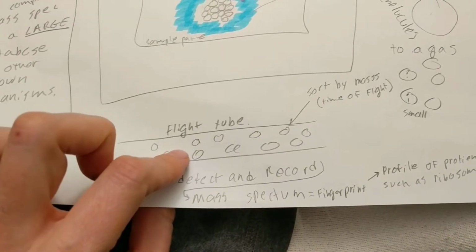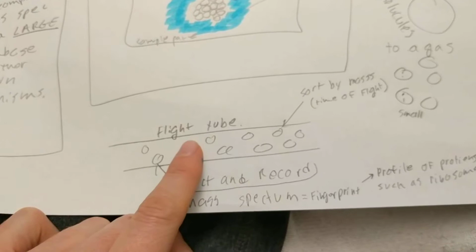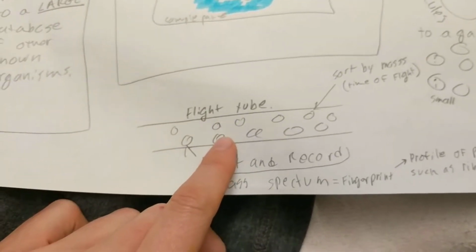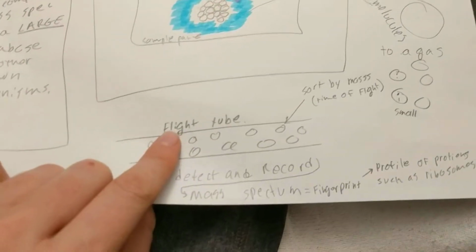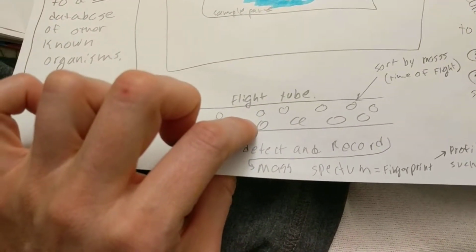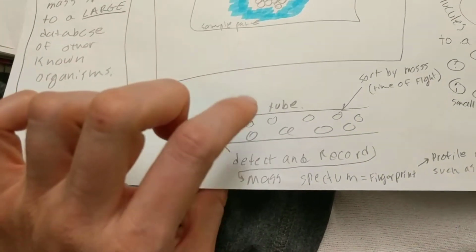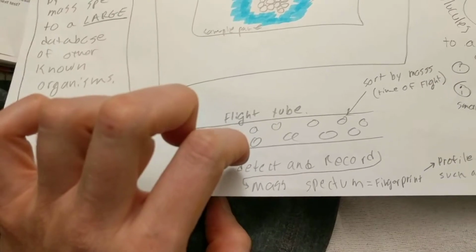This separates and sorts the molecules by mass. So it's going to separate them out by mass, okay? By mass, otherwise called the flight time. So these smaller ones, they're going to fly faster.